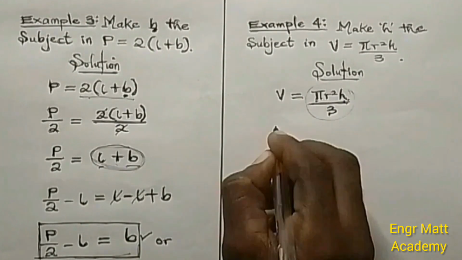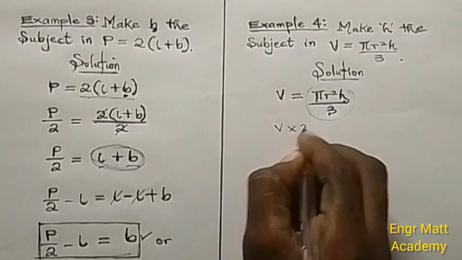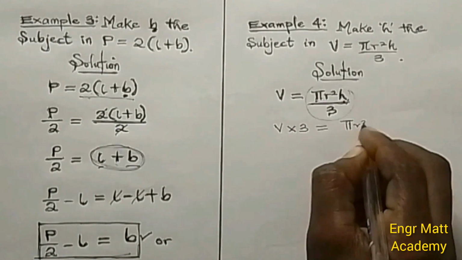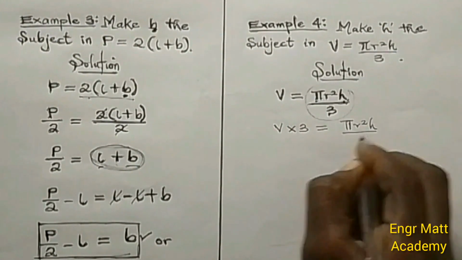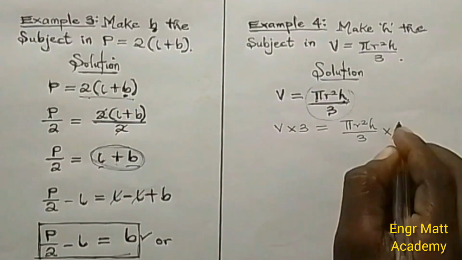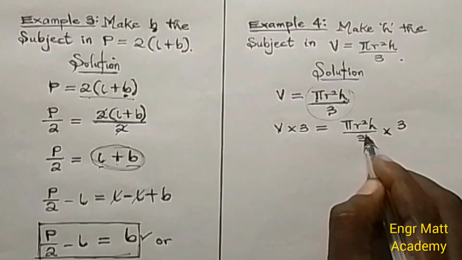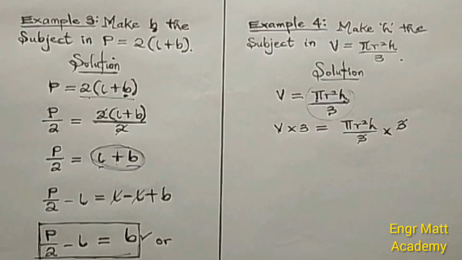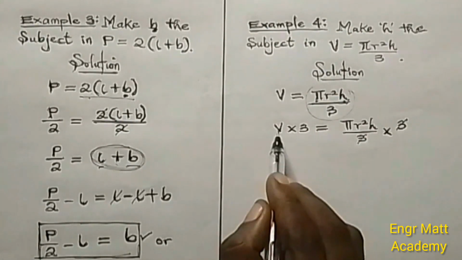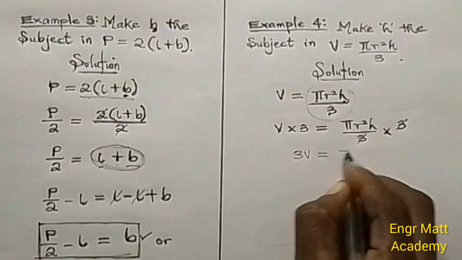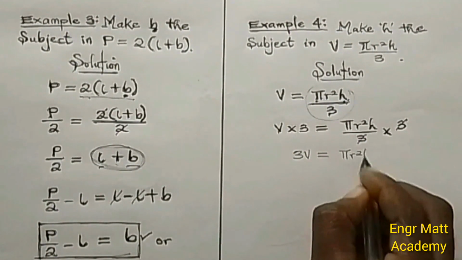That is, V times 3 equals pi r squared h over 3 times 3. So on the right hand side, 3 will cancel out 3. So what do we have left? V times 3 will be 3V equals pi r squared h.